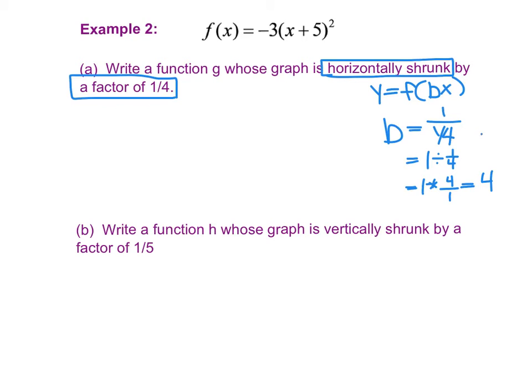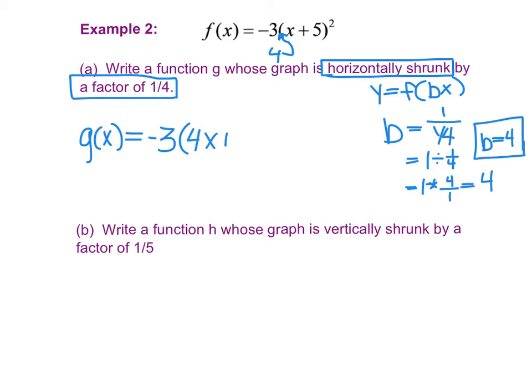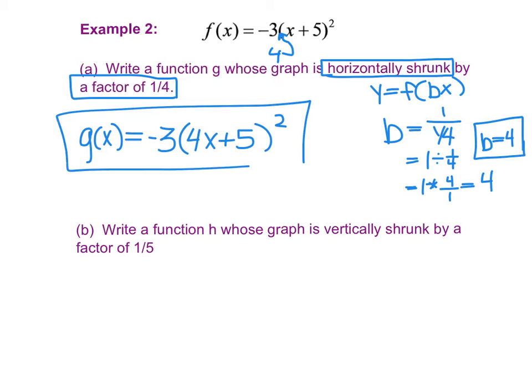So our b value in this case is simply 4. So we're going to multiply our input value, or our x value, by 4. So here we have g of x is equal to, remember we're putting the 4 right here in front of the x, so we have -3 parenthesis 4x plus 5 quantity squared. And there we can see we've now incorporated a horizontal shrink of 1/4.